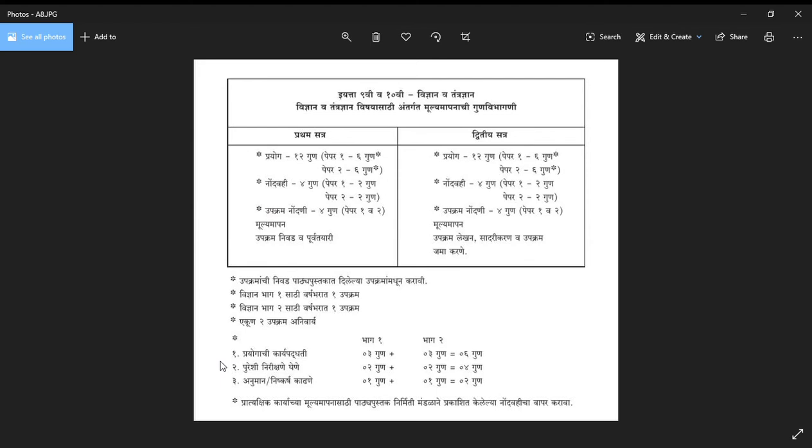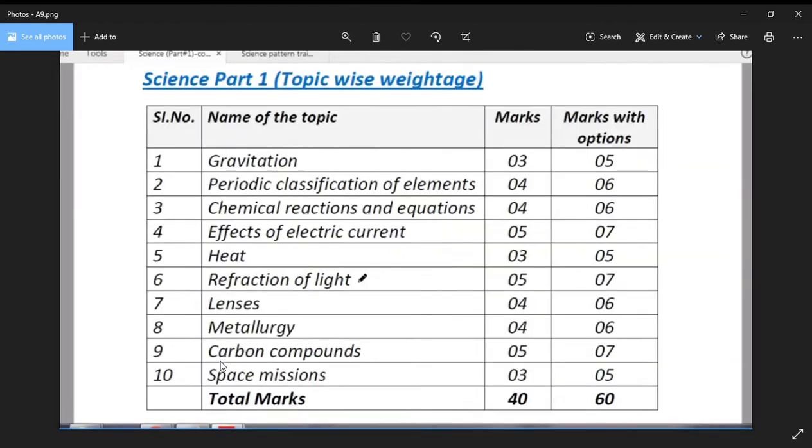Now 20 marks are internal marks, in which there are 16 marks for experiment and 4 marks for the project report, right? Now the total marks of this science paper is 40 plus 40 plus 20, that is equal to 100 marks. Now let us see the topic wise weightage given to science part first and science part second.